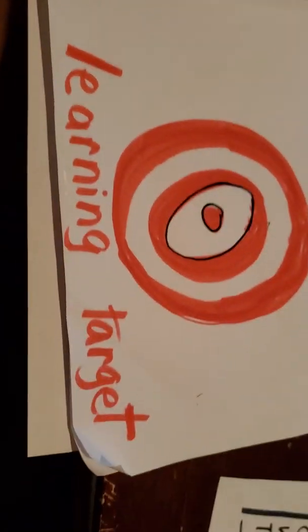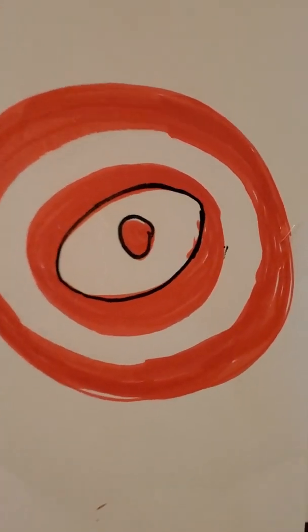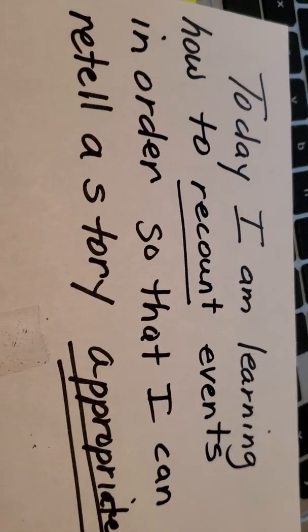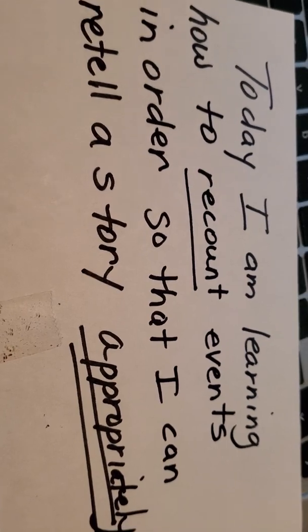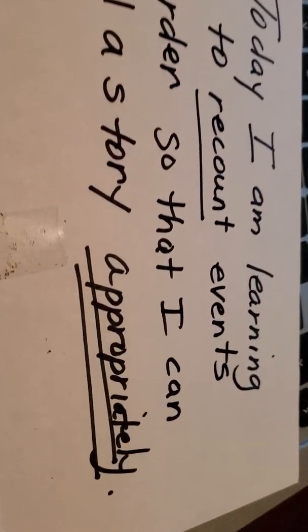But first, we always got to talk about the target. So the learning target, we gotta know what we're talking about. Right now it says, today I am learning how to recount events in order so that I can retell a story appropriately.